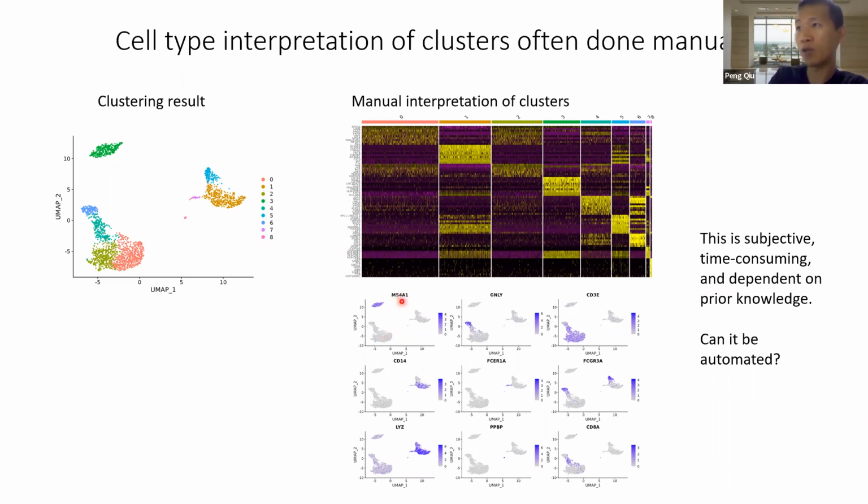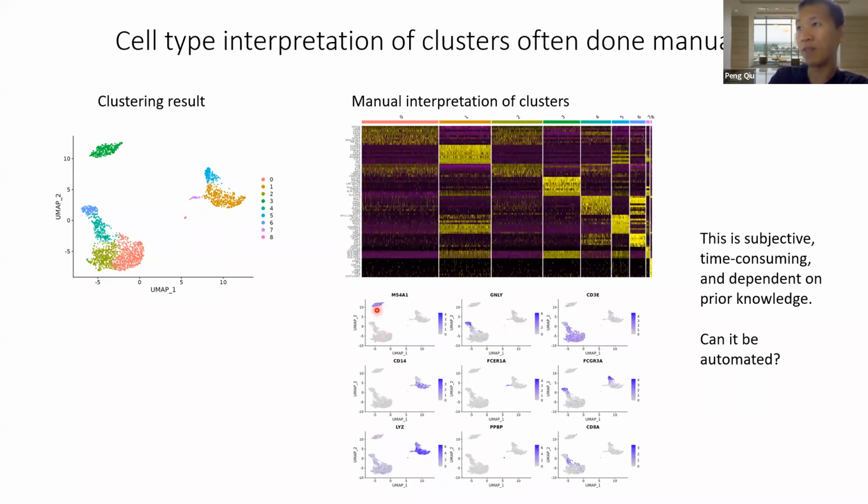For example, MS4A1 is a marker gene for B cells, so we know that already. According to that prior knowledge, we can color code this particular UMAP with expression of MS4A1, and we see this island showing high expression and no expression anywhere else except just some scattered noise.